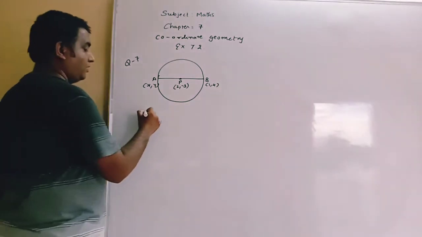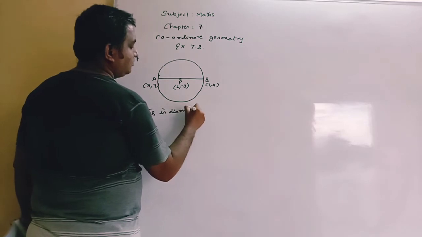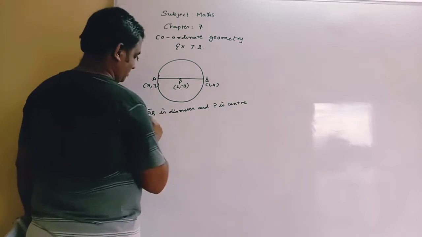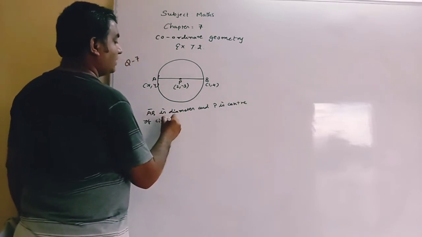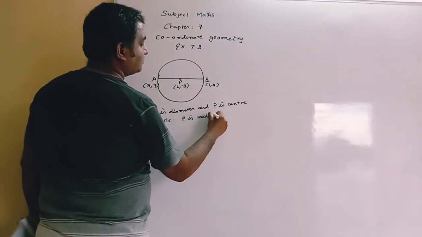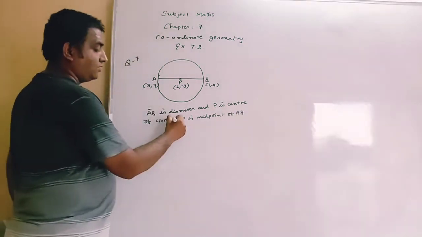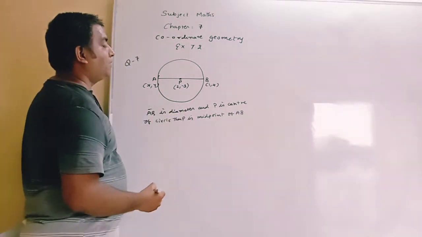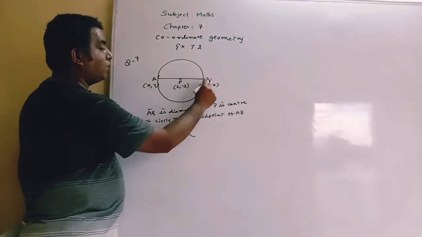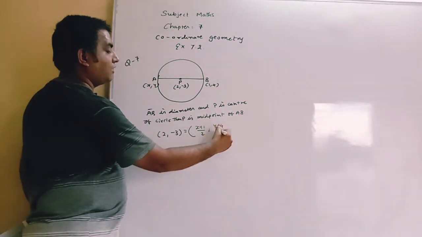Now AB is the diameter and P is the center of the circle. Then we know that P is the midpoint of AB, so (2, minus 3) equals, by the midpoint formula, ((x plus 1)/2, (y plus 4)/2).